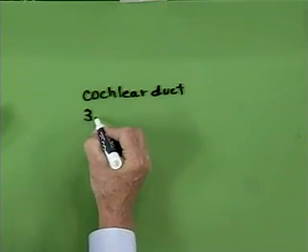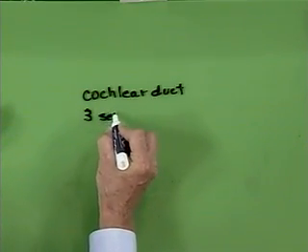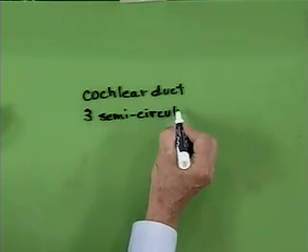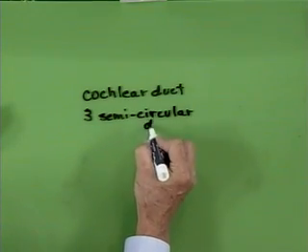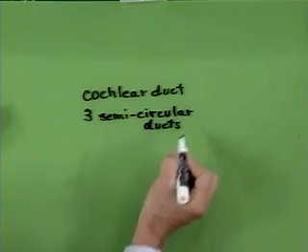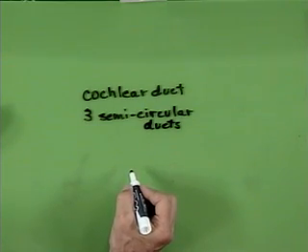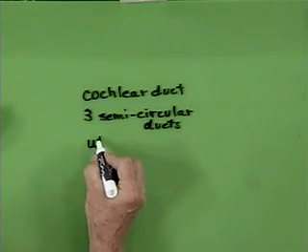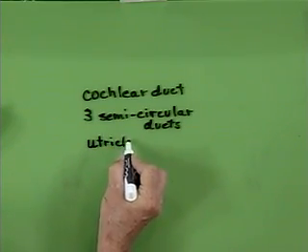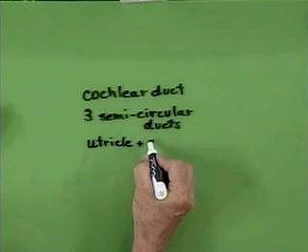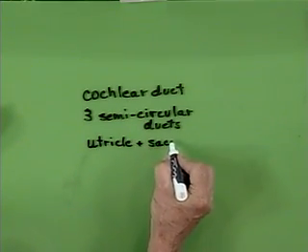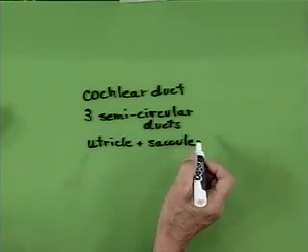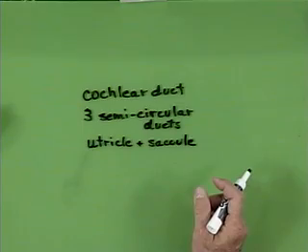We have the three semicircular ducts, which are the parts that are within each of the three semicircular canals. And finally, we have the utricle and the saccule, which is that pair of bulbous enlargements that are found within the vestibule of the osseous labyrinth.